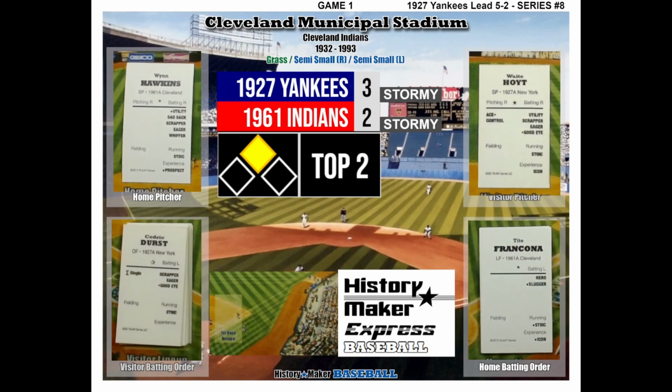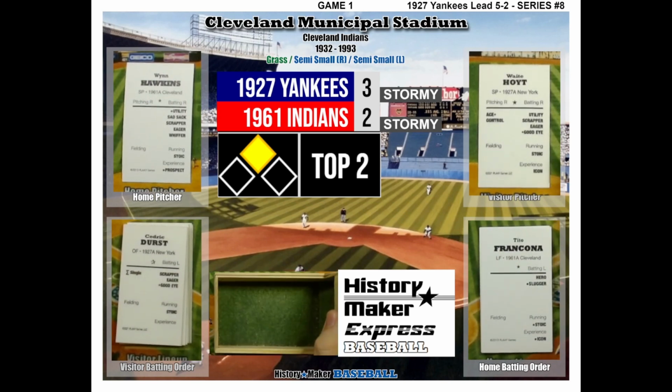And we roll again on the men on base chart for Cedric Durst. 44, wild pitcher allows the walk. Unfortunately for Hawkins, as you can see, he has no pitching qualities.